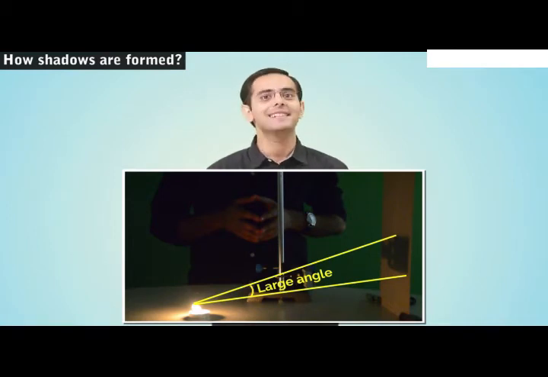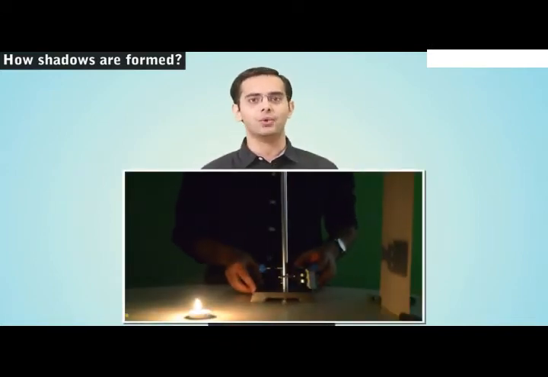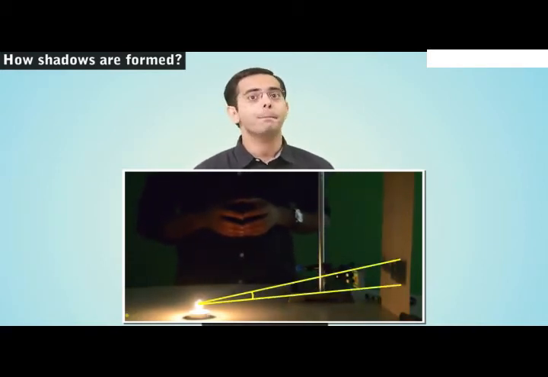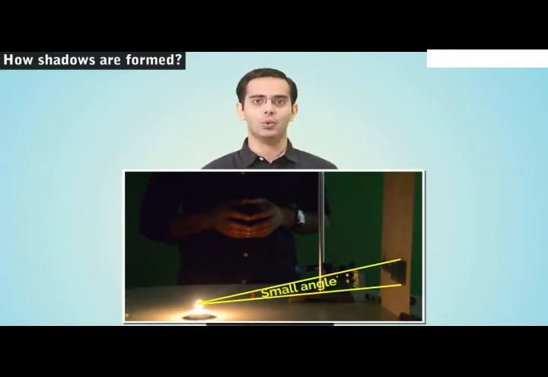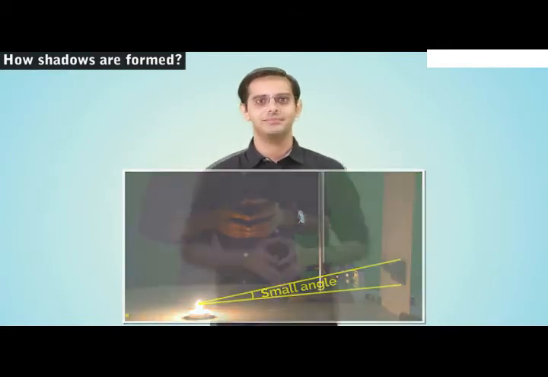And that's why the size of the shadow increases. Whereas when the object is placed far away from the light source, then the extreme diverging rays passing close to the edge or the boundary of the object subtend a small angle at the source, thus blocking a small quantity of light. And that's why the size of the shadow decreases.